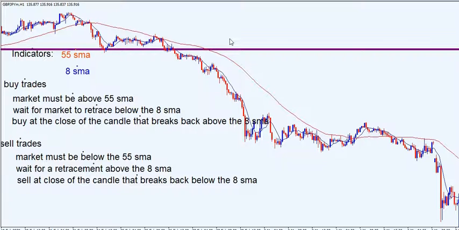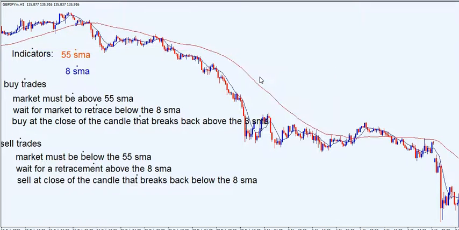The strategy only uses two moving averages, simple moving averages actually, the 55 and the 8 period moving averages. Simple, not exponential, not weighted, whatever that means, just simple moving averages. This is a strategy that I just came up with a few years ago when I was starting out, and I used these numbers because I think 8 and 55 are Fibonacci numbers, and I just heard people talking about Fibonacci numbers being so powerful.